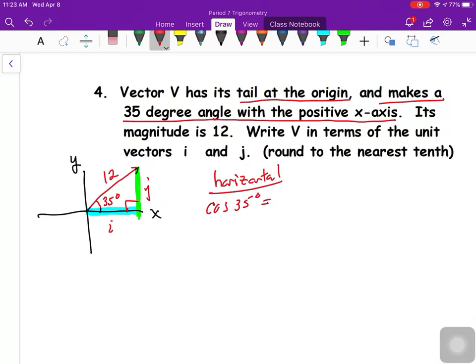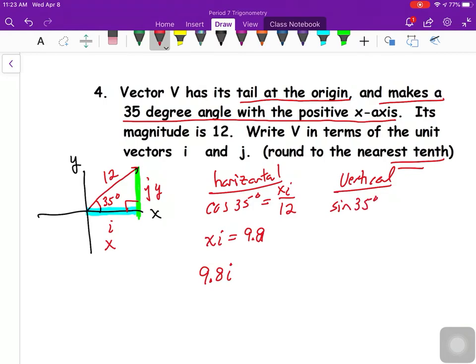So to find the horizontal, I can use right triangle trig. So I would say the cosine of 35 degrees equals the i part, sometimes we can just call that x, divided by 12. So the x would come out to be, to the nearest tenth, 12 times the cosine of 35. So I have 9.8.